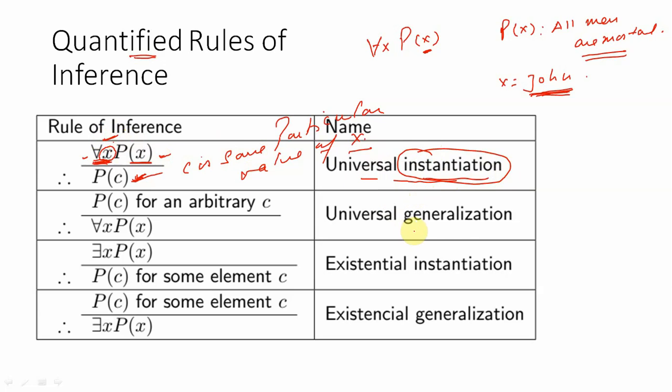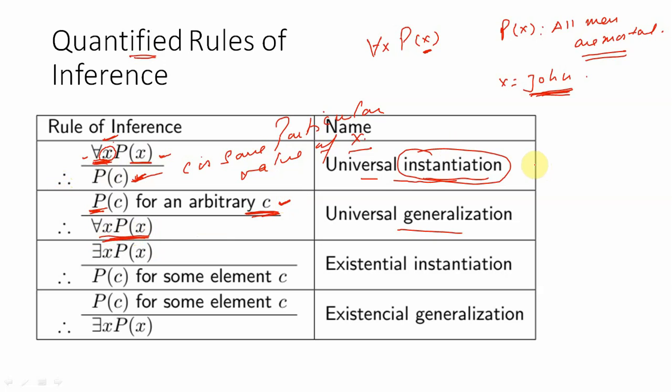Then we have universal generalization. If I can say that p is true for any arbitrary c, any arbitrary value that I might choose from the universe of discourse, if it is true for any and all arbitrary values, then I can say that p of x is true for all the values of x.